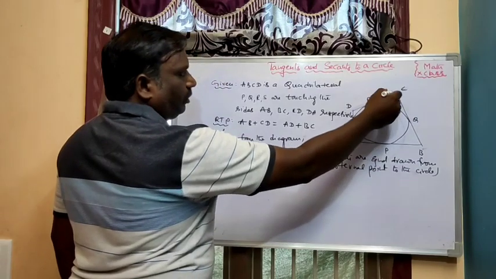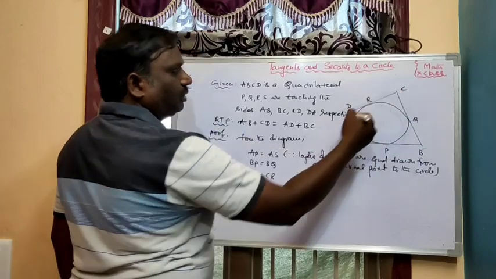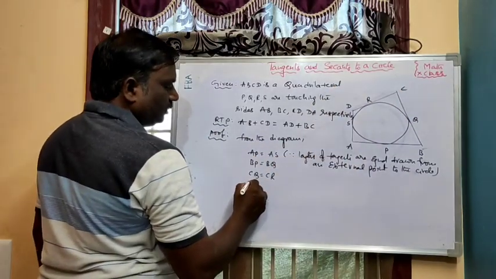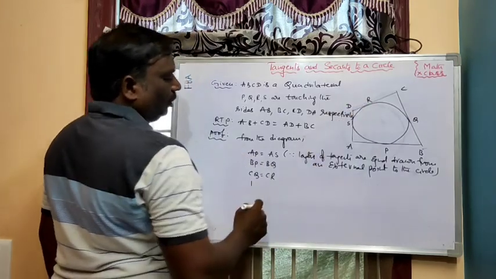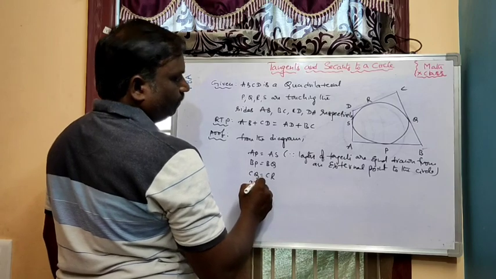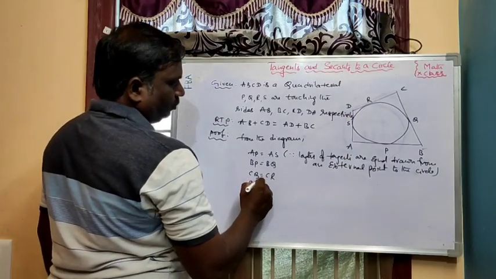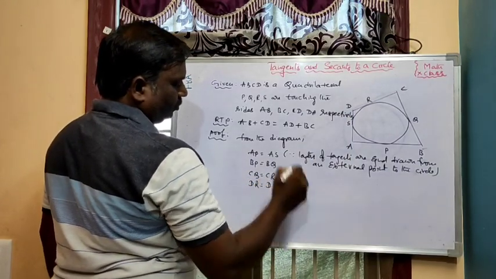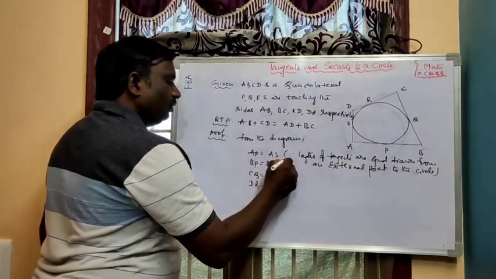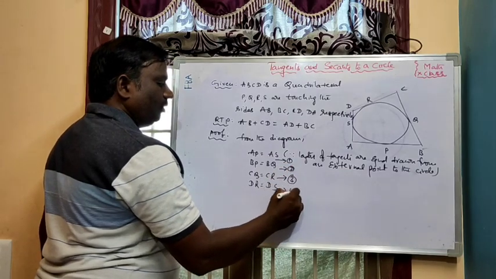Similarly, CQ equals CR, since C is also an external point. DR equals DS. So this is equation 1, equation 2, equation 3, equation 4.